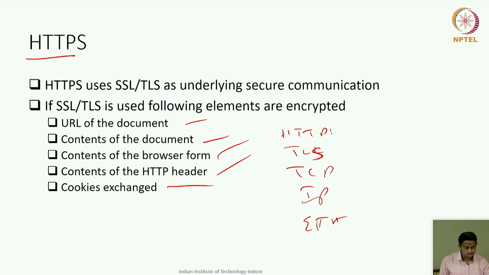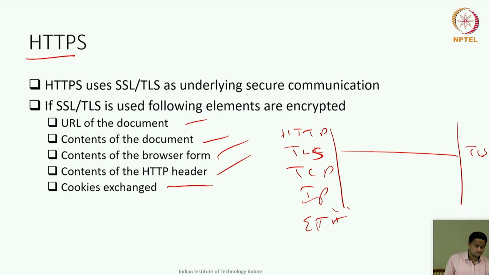At the peer end, these are all reversed. So when I am saying establishing the connection, the TLS component here is establishing the connection with the TLS there, and then the HTTP protocol data is taken and understood at the other end. So the rest is actually the same thing.